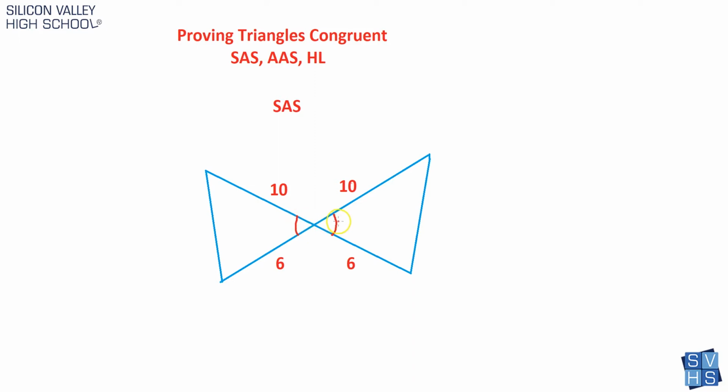So these are congruent, and that's kind of annoying, I know, because you had to just know that. But now that I know that vertical angles are congruent, don't I have side, angle, side, matching side, angle, side? So yes, these are definitely congruent by SAS. So that's the weird example for side, angle, side.